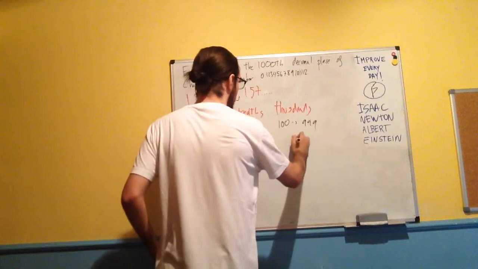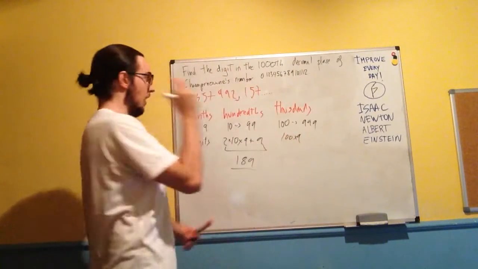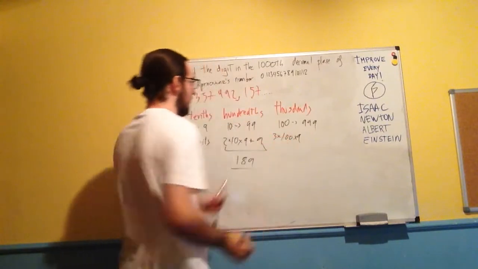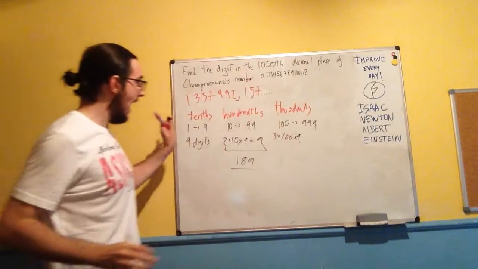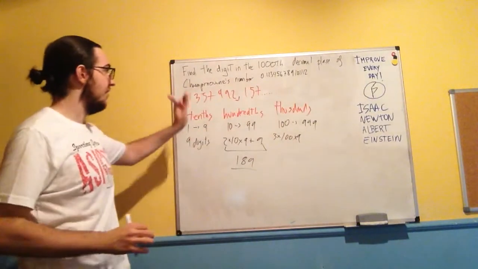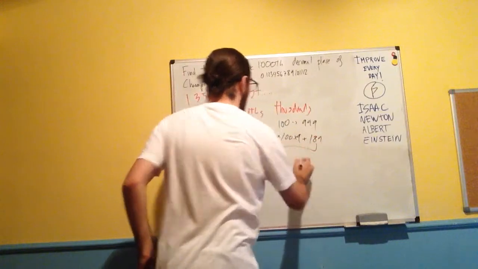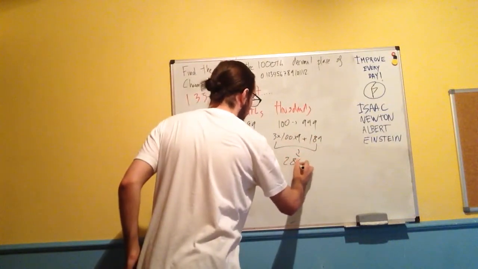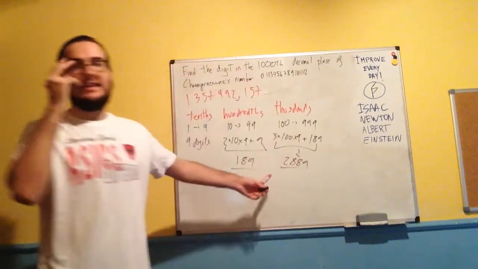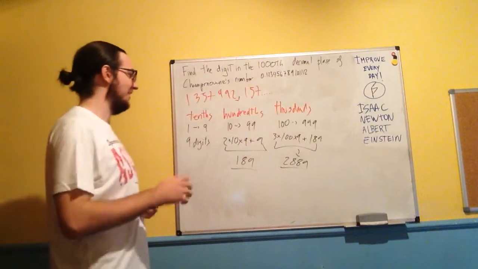We have 900 numbers, but now we have 3 columns of numbers, and in order to have every single digit from tenths to thousands, we have to sum up 189, and this gives us 2,889 digits. I did this sum before, I don't know that like that, to be honest.